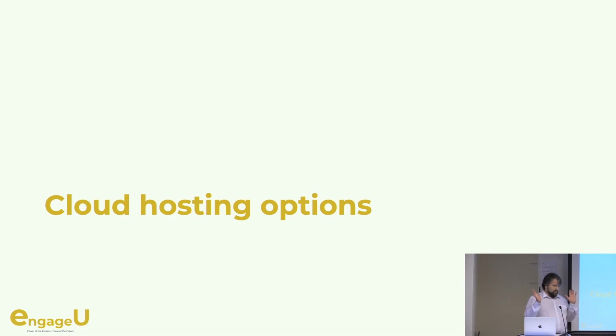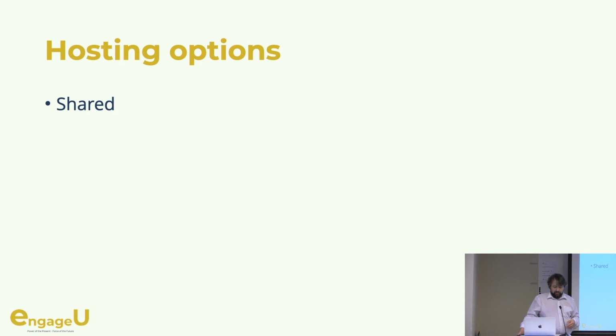Now we are focusing on the cloud hosting options, right? We don't get back to the on-premise. What are the different options in cloud hosting? First, you have shared hosting. Second, you have the dedicated physical server. You rent a server in a data center.